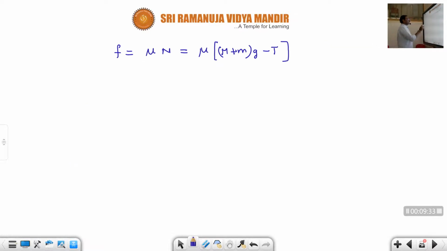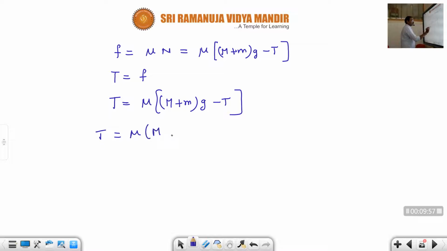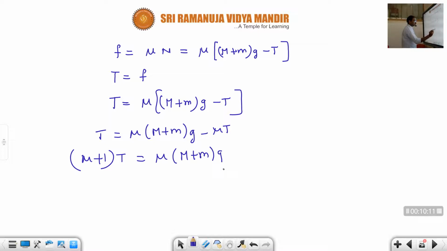In the equilibrium condition, along the horizontal, tension T is equal to the force of friction. Therefore, T is equal to mu of capital M plus small m into g minus T, so T is equal to mu of capital M plus small m into g minus mu T. Sending mu T to this side, mu plus 1 into T is equal to mu of capital M plus small m into g.